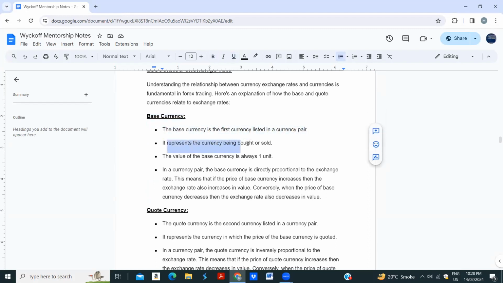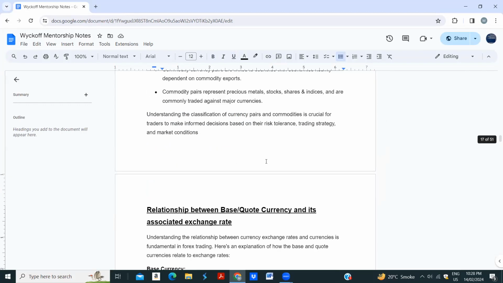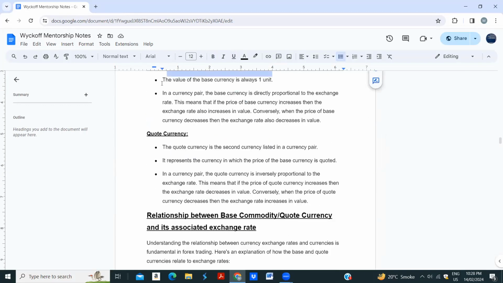It represents the currency being bought or sold. The value of the base currency is always 1 unit. In a currency pair, the base currency is directly proportional to the exchange rate. This means that if the price of the base currency increases, then the exchange rate also increases in value. Conversely, when the price of the base currency decreases, then the exchange rate also decreases in value.